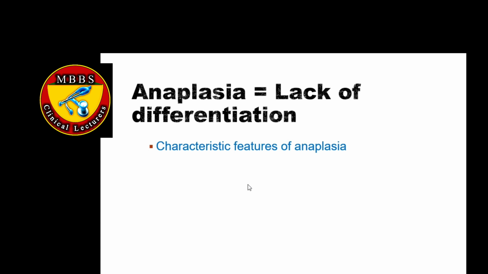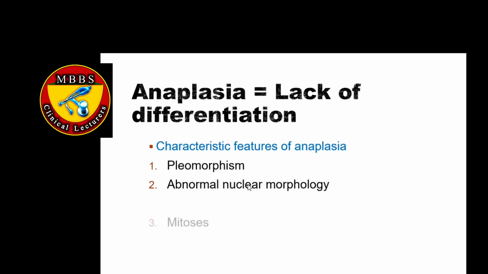There are certain characteristic features of anaplasia that you should remember by heart and that you should understand also. The first one is pleomorphism. Pleomorphism is variation in the shape and the size of the cell. Then abnormal nuclear morphology: the chromatin clumping, the irregular nuclear borders, the prominent nucleoli. It is all anaplasia. Then there is frequent mitosis present in the tissue. Loss of polarity is loss of organization of the cell. As you see in the stratified squamous epithelium, the 5 layers are normally identified.